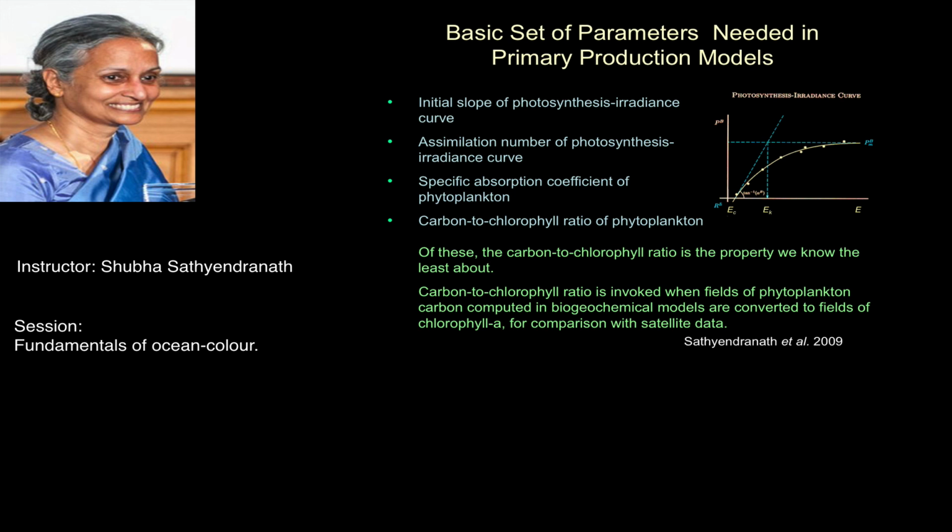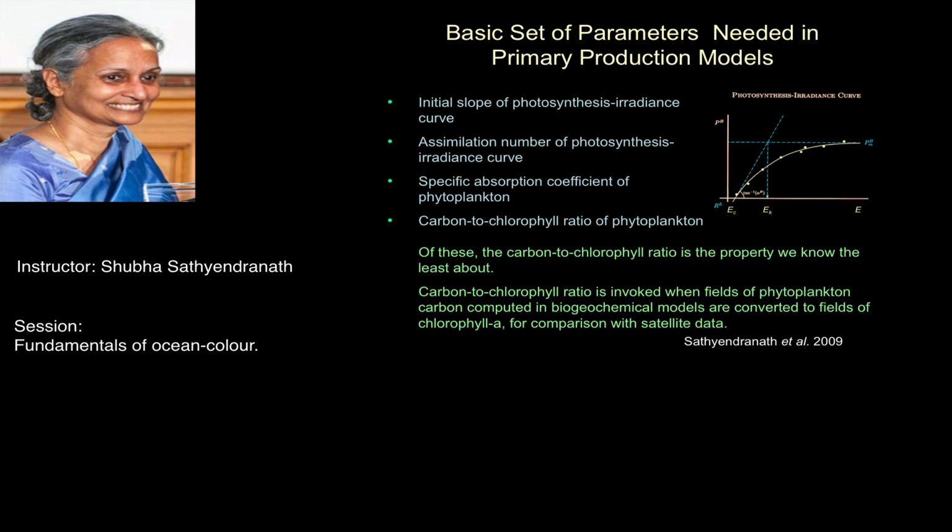You need a basic set of 4 parameters to run your model. You need the initial slope of the photosynthesis irradiance curve. It may be called something else, but you need to know how light responds at low light, that linear response part. You want to know what is the assimilation number. You want to know how light production saturates when light increases.